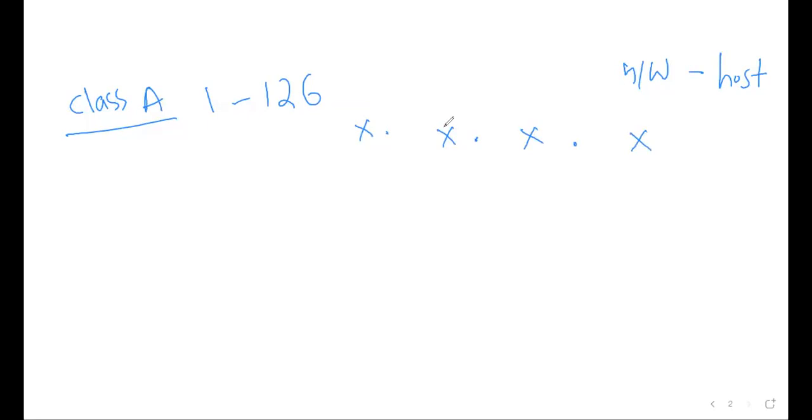In class A, out of 4 octets, only the first octet will be referred to as network, and the remaining 3 octets will be referred to as host. What is the difference between network and host? That's the question. We'll come to know that.